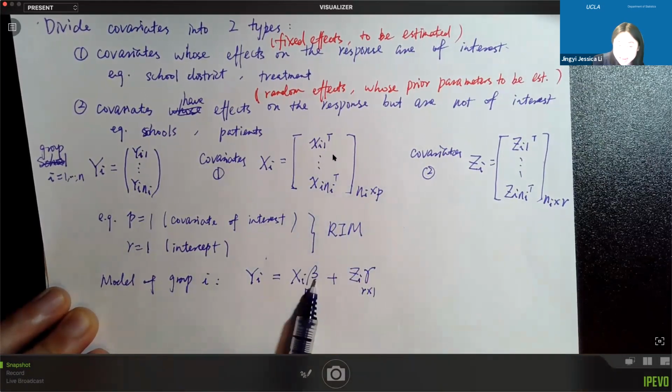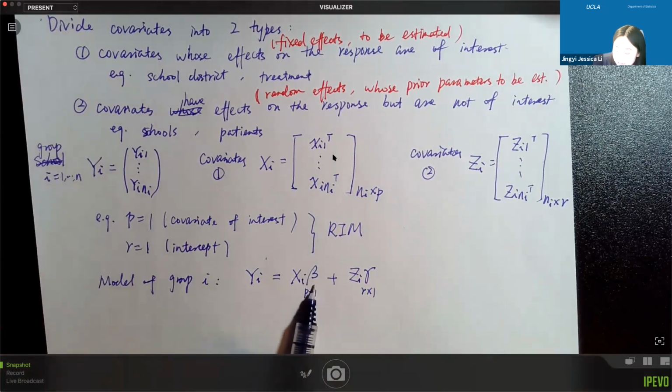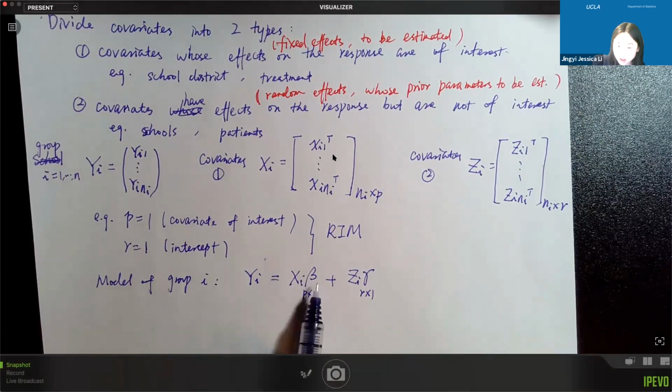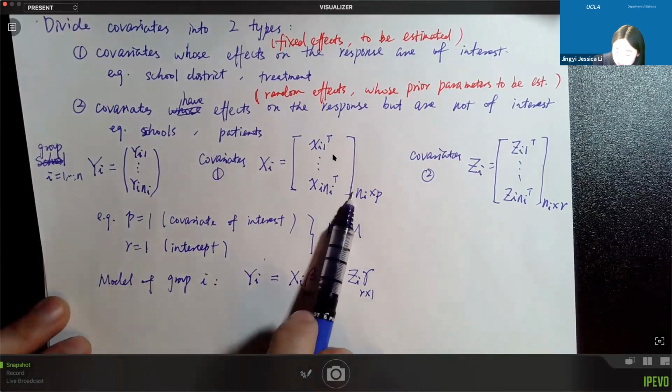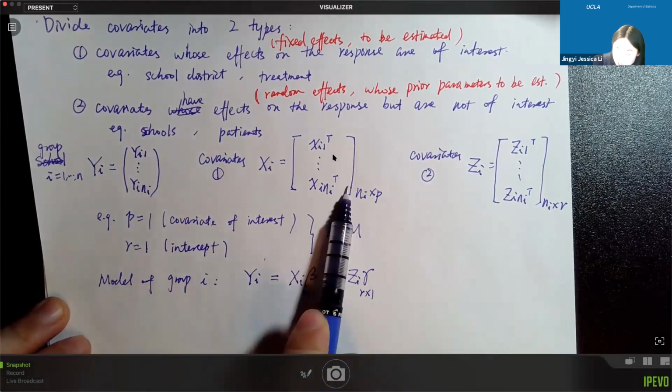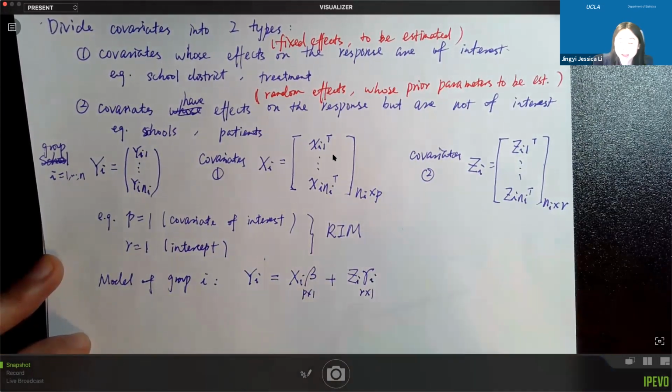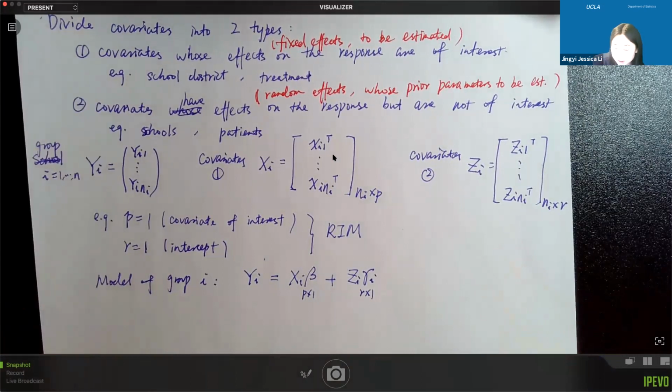Please note the key thing: beta is not within group i, because beta is just a common effect we are interested in, for example the treatment effect or the school district effect. This has nothing to do with group i. But for gamma, we need to put an i here, because gamma_i is the effect within group i.